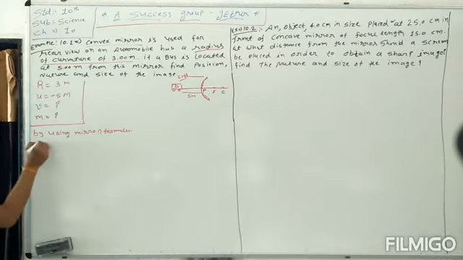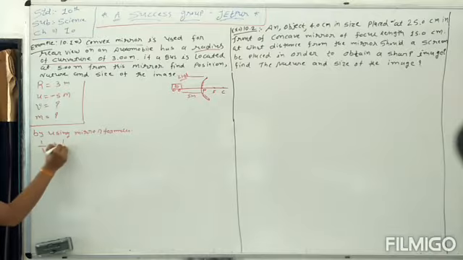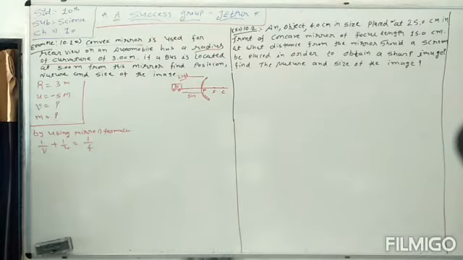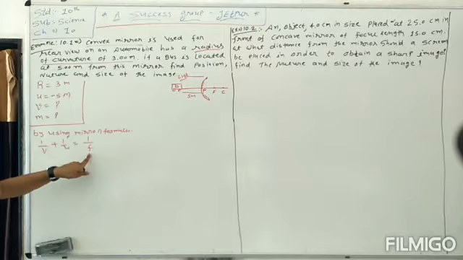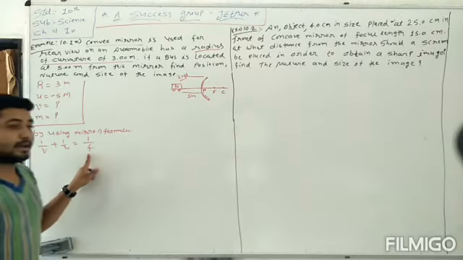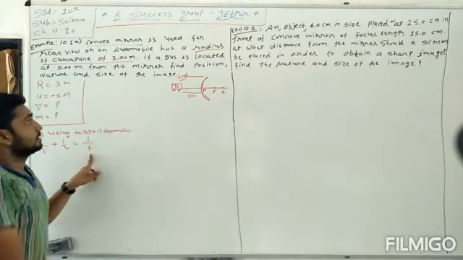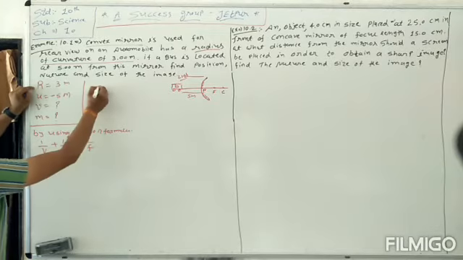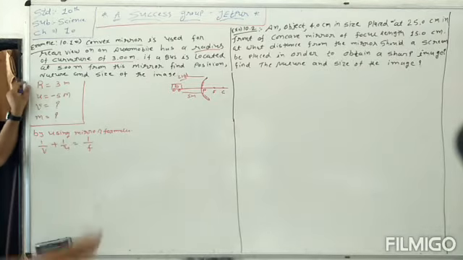What is the mirror formula? 1 by V plus 1 by U is equal to 1 by F. We have to find V. U is a known value, and F is not directly given in the example. But we know R, so by using R we can get F.